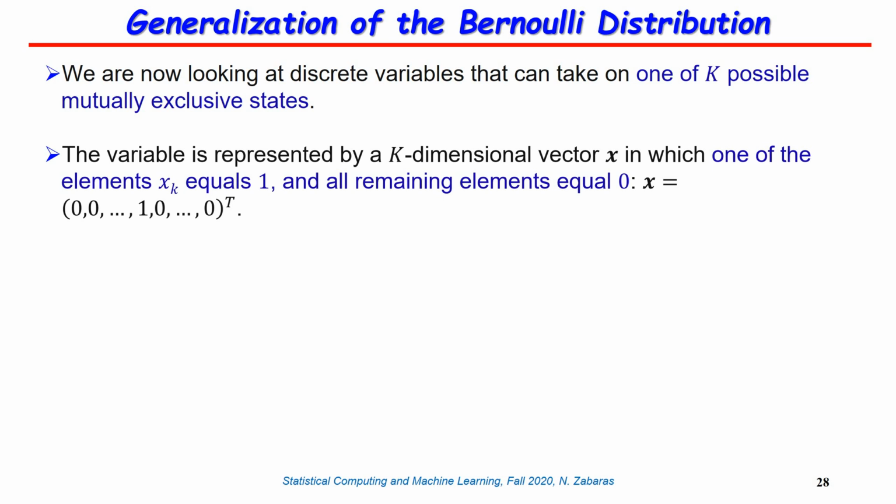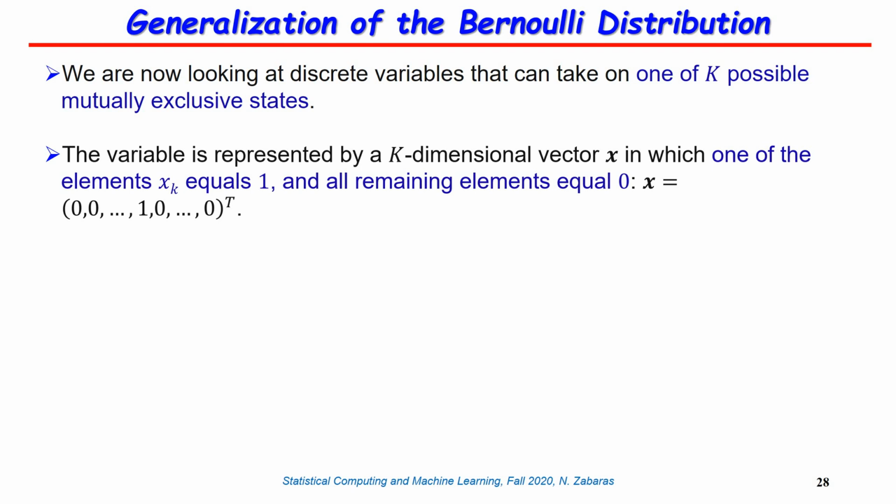All right, so we have this vector x where only one of its components is equal to 1 and everything else is equal to 0. And this vector is capital K dimensional. So I have capital K states and only one of them is 1, the other ones are 0.